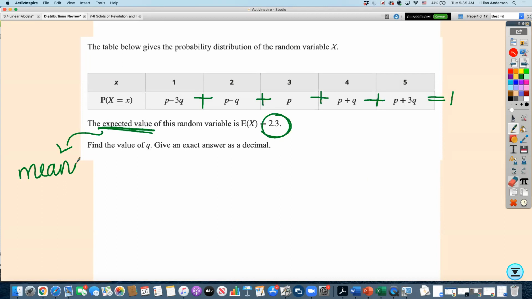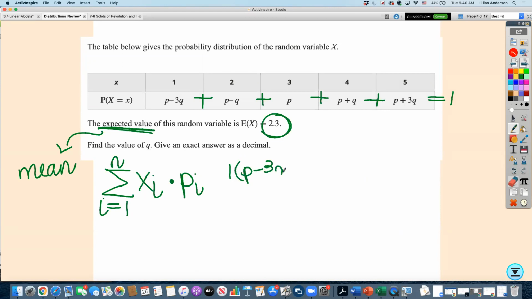To find the expected value, you take the sum of all of your X's, or all of your values you get, where you multiply your X's by their respective probabilities. Okay? So that means that 1 times P minus 3Q plus 2 times P minus Q plus 3 times P, and so on and so forth, should add up to equal your expected value.